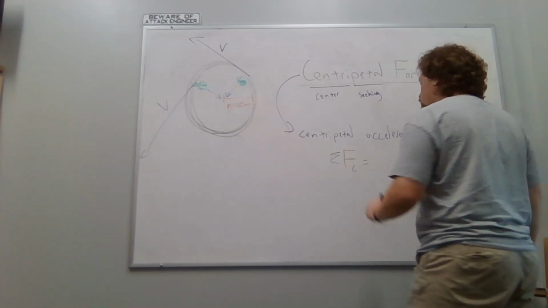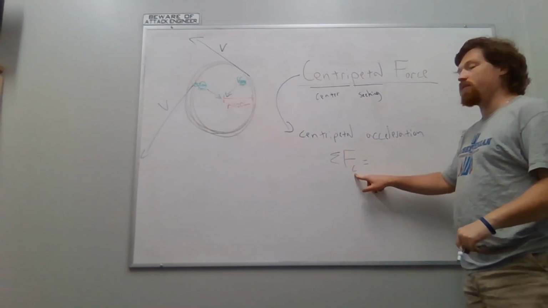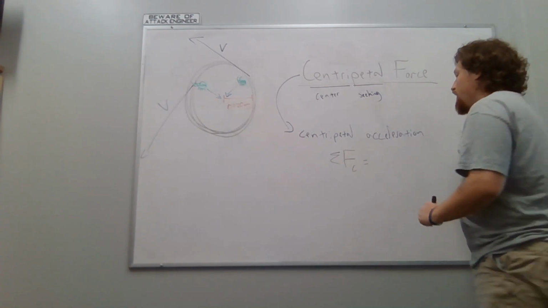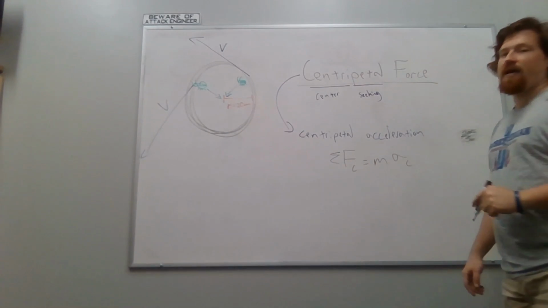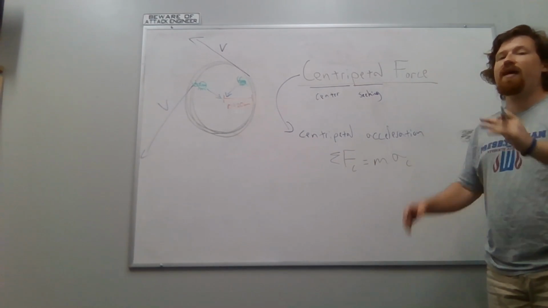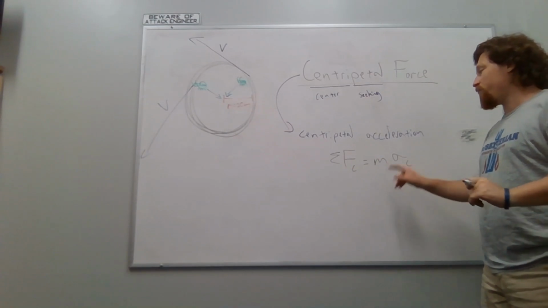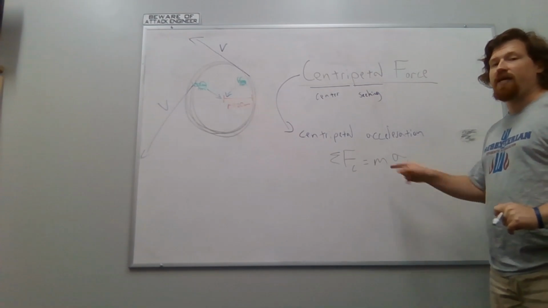So, the total centripetal force, this is F sub c, acting upon an object is equal to the object's mass times its centripetal acceleration. Centripetal force causes a centripetal acceleration.